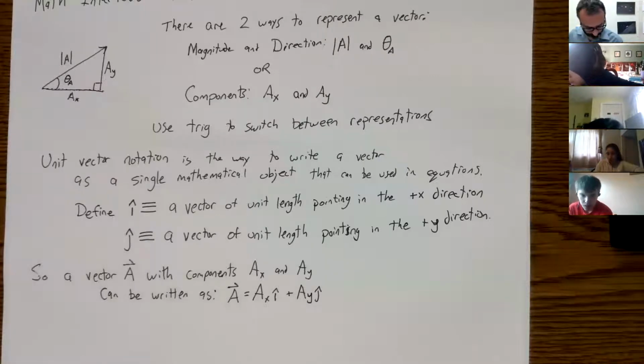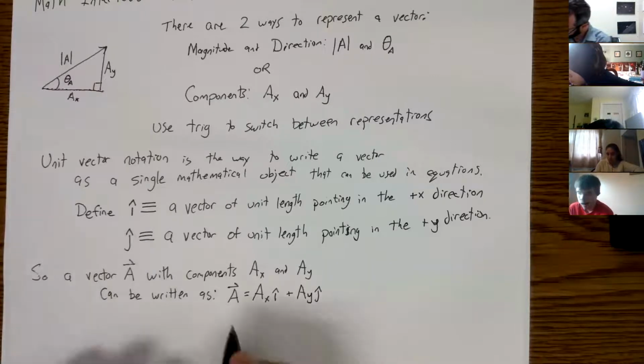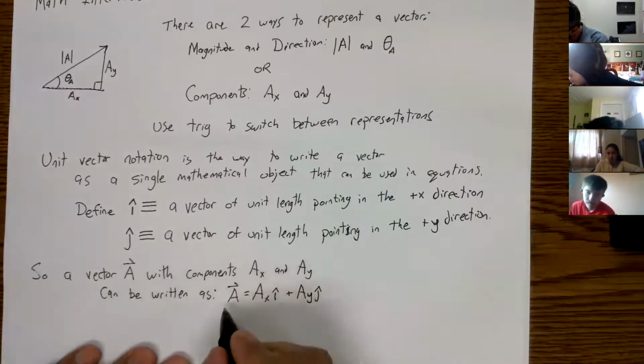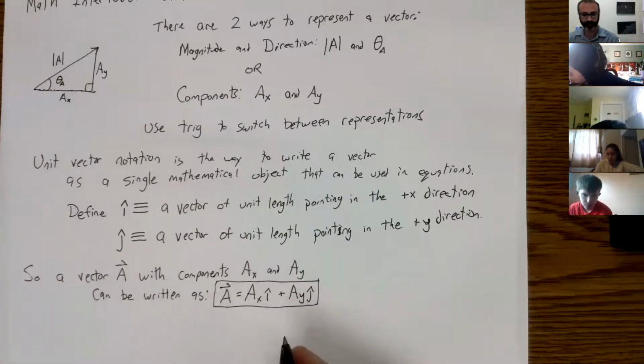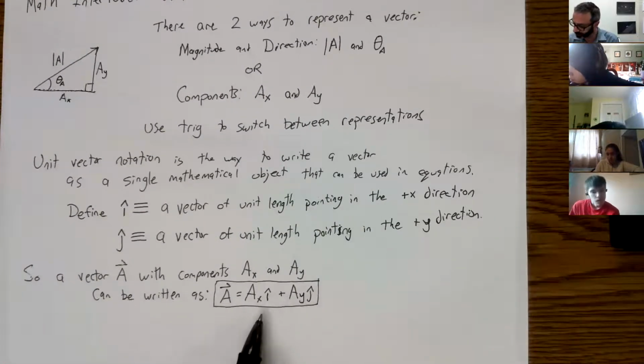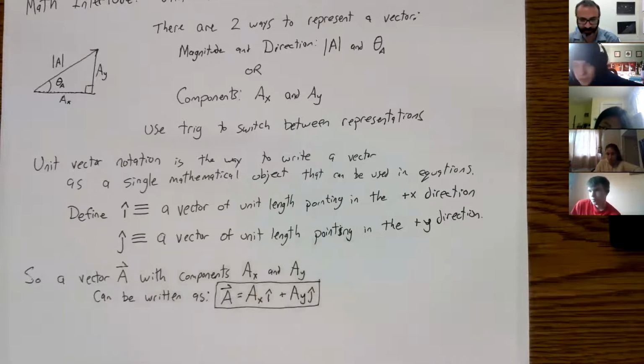And that's an important piece of this. So if you know the components of the vector, that's how you can write the vector as one mathematical object, and then you can plug it into an equation.